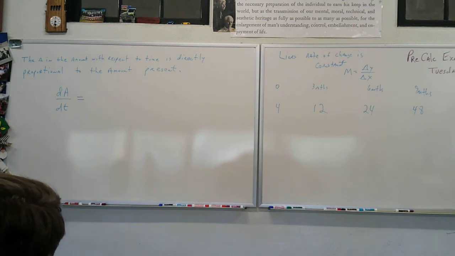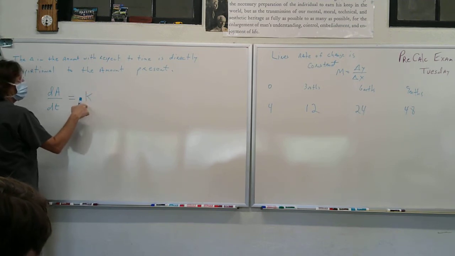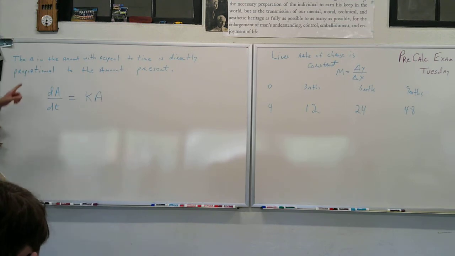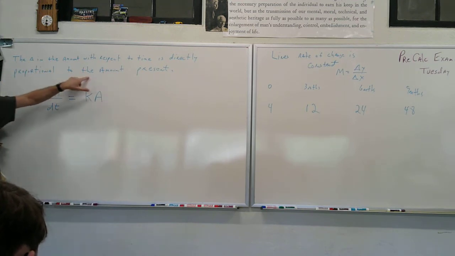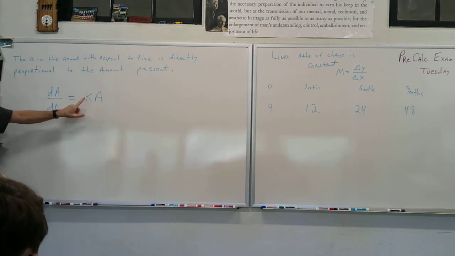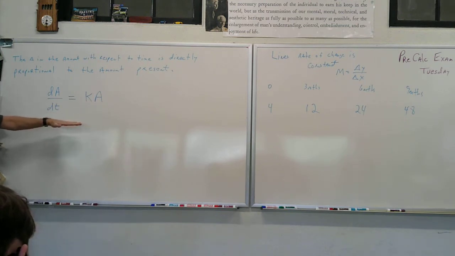What I wish that it taught you is that directly proportional is always a constant of proportionality times the amount. Directly proportional to the what? Amount. So that's your proportional constant, that's your amount. This is the mathematical sentence for that English.